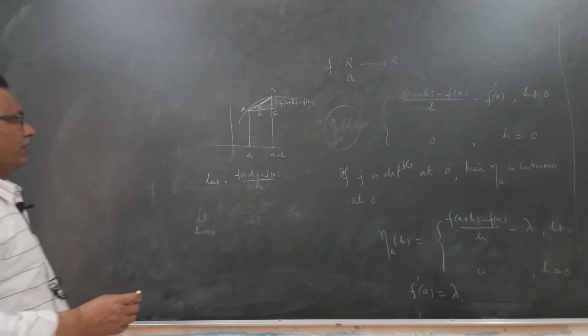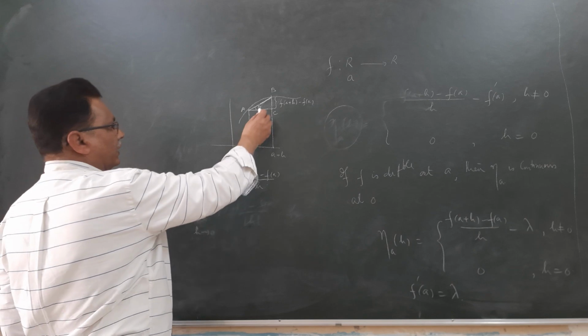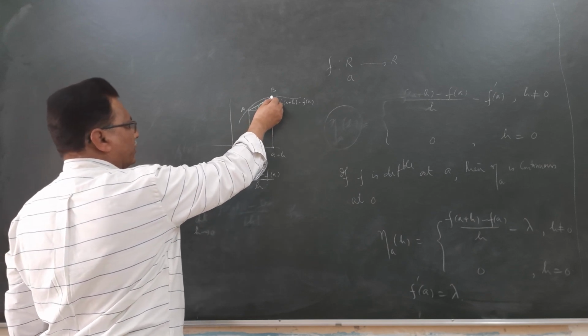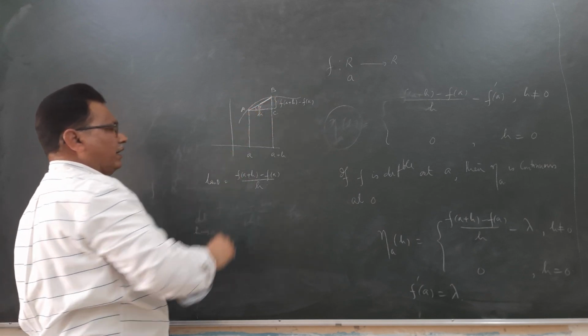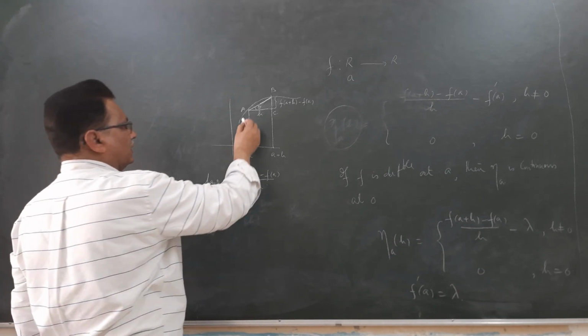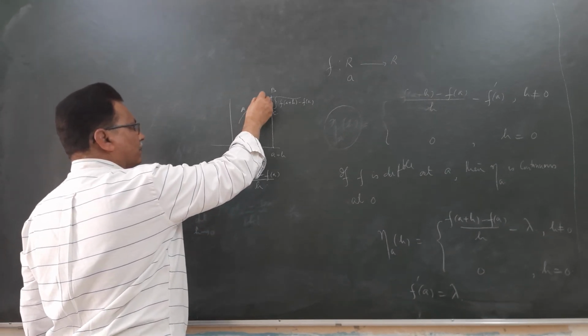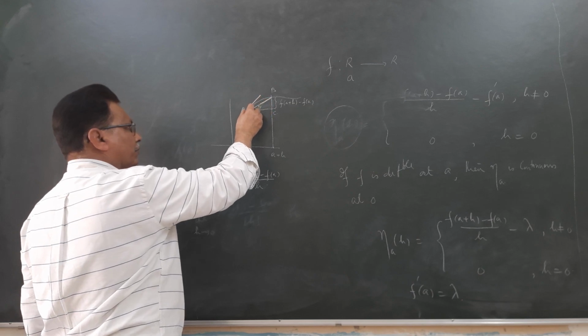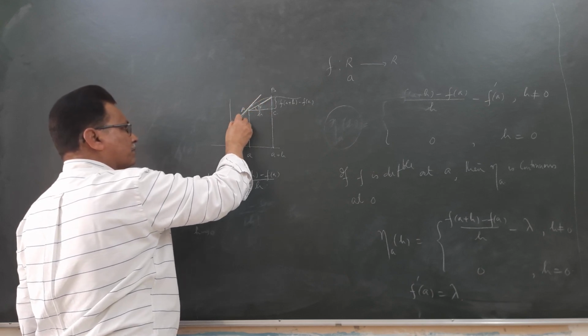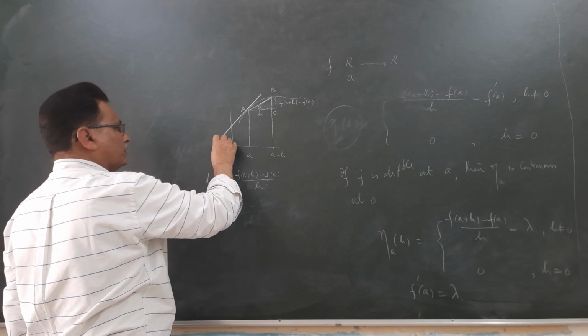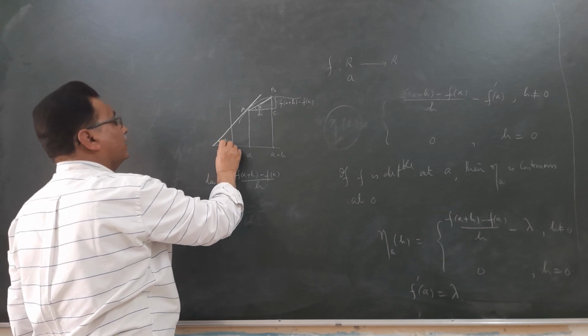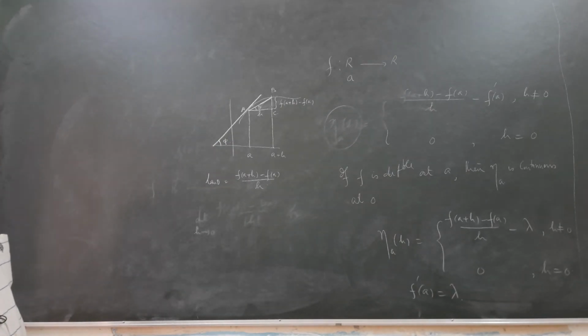Alright, now when h tends to 0, what will happen over here is that the point B will move towards the point A. So in the limiting case, when h tends to 0, the chord AB will become a tangent at the point A. Suppose this tangent makes an angle phi from the x-axis.